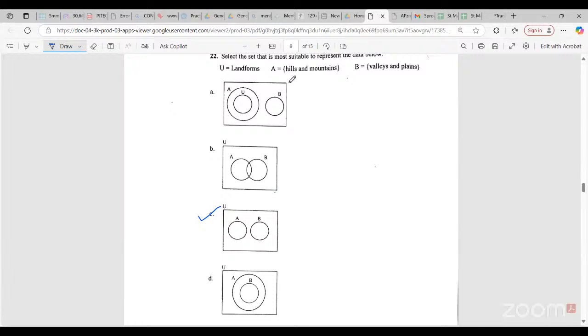All right. So you're saying that hills actually make the plains and the valleys? Anybody else can confirm that? Sir, I do not agree. Plains are landforms.